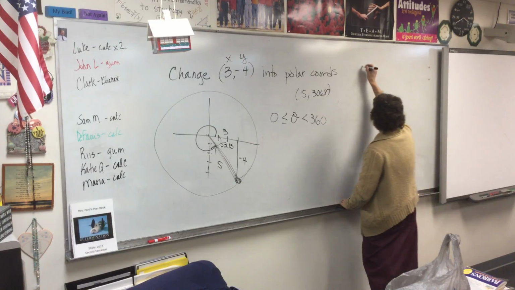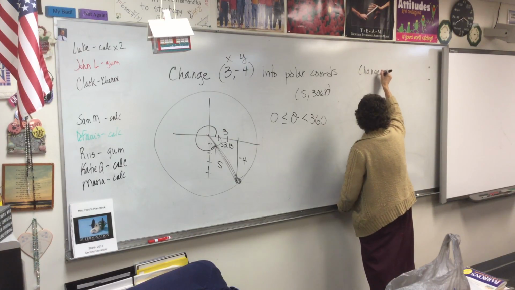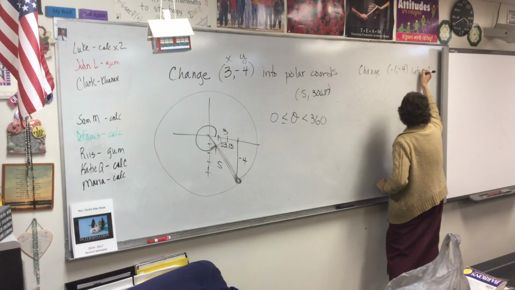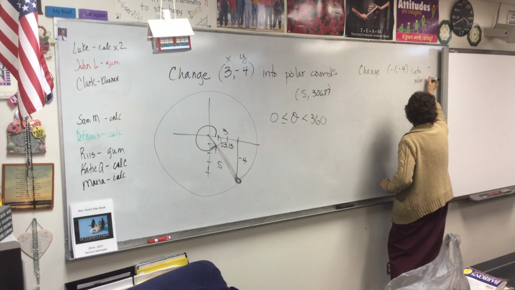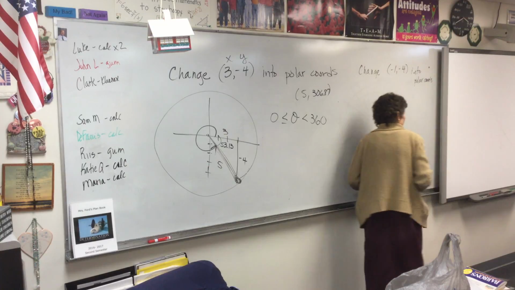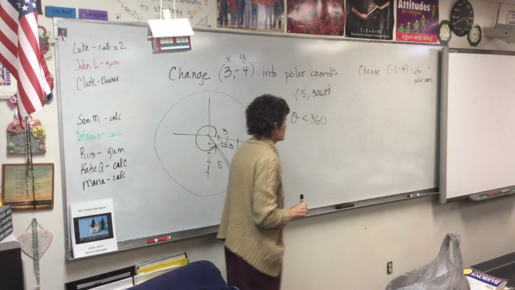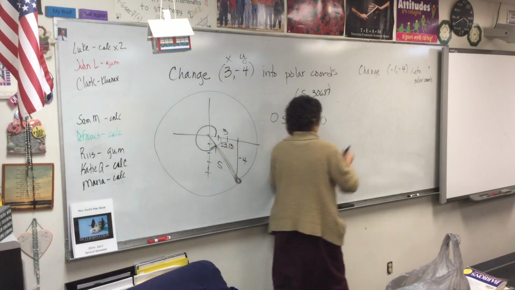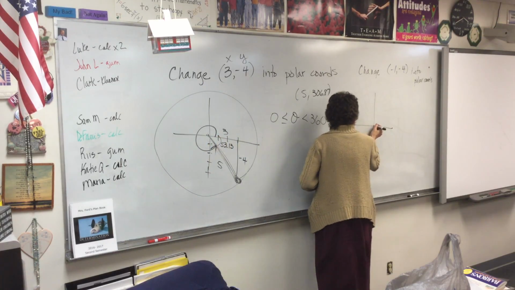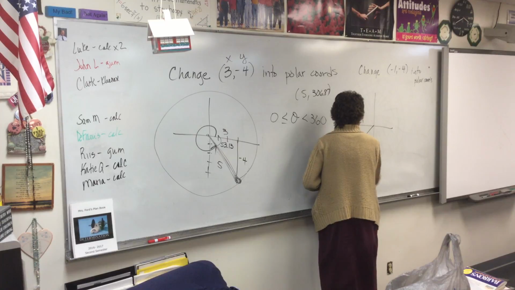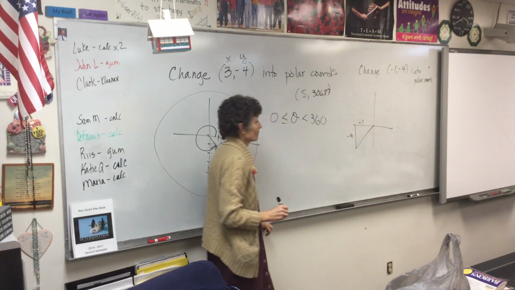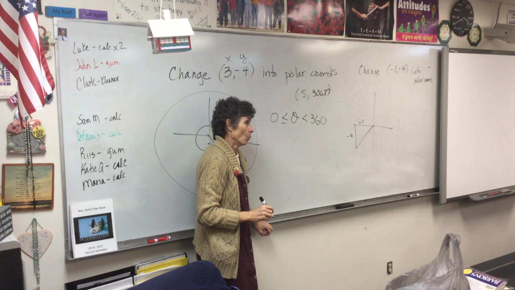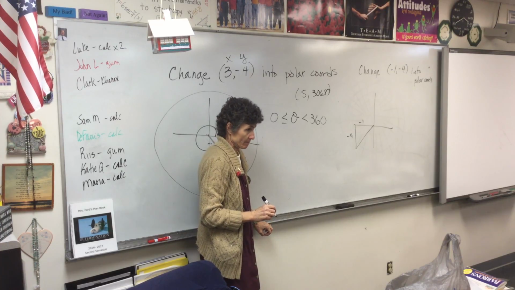All right, so now we're going to change, let's say, (-1, -4) into polar coordinates. All right, so here we go. We're changing (-1, -4). So we know x is -1, y is -4. What's my radius?